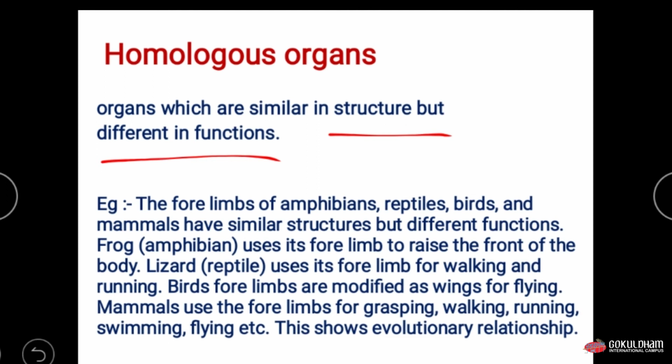Birds use their forelimbs for flying, and mammals use their forelimbs for grabbing and running and swimming, and also for flying. This shows the evolutionary relationship between those organs, that they are adapted for that particular environment, but they are developed from the particular organs, and the structure of these organs are similar.